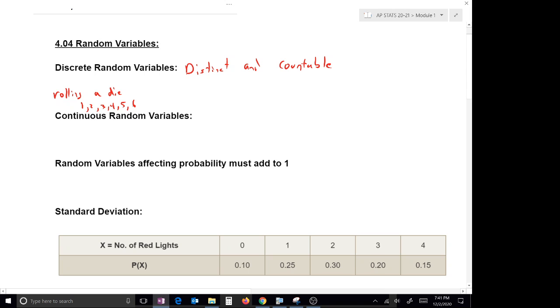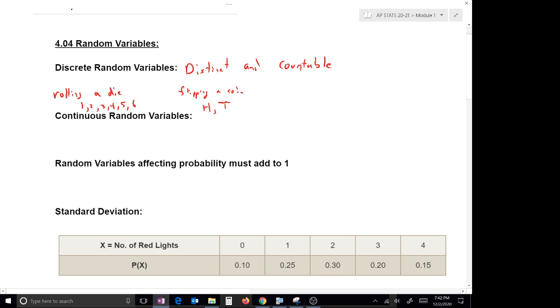There's only a specific set of outcomes that are possible. You could think of other discrete random variables, like flipping a coin, where you have heads or tails.